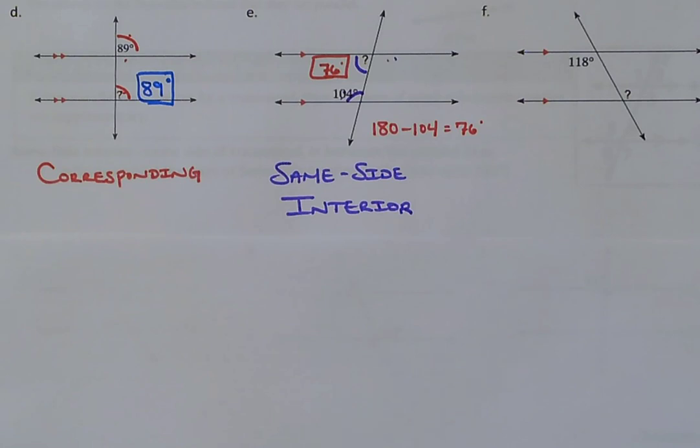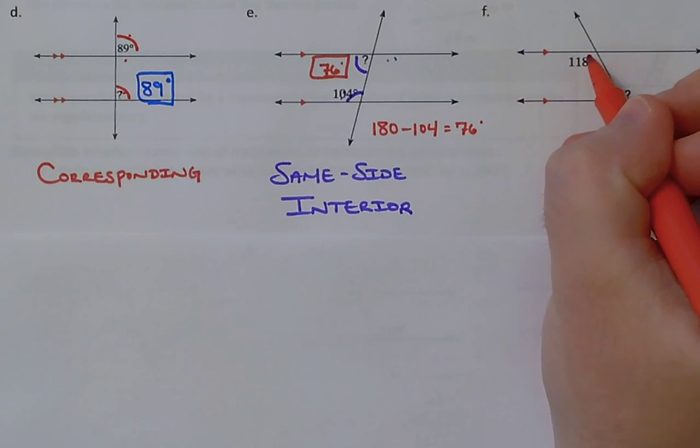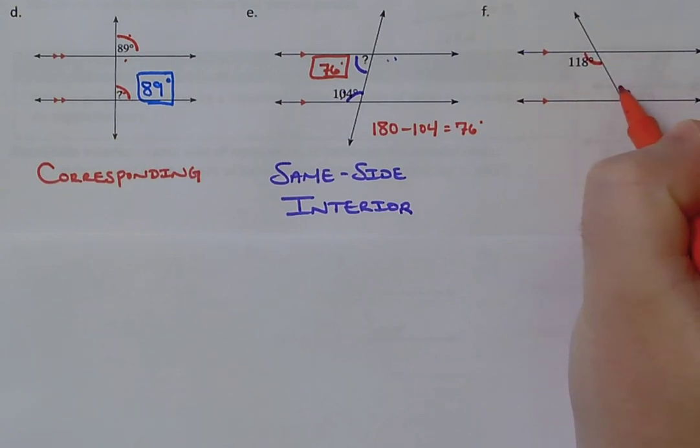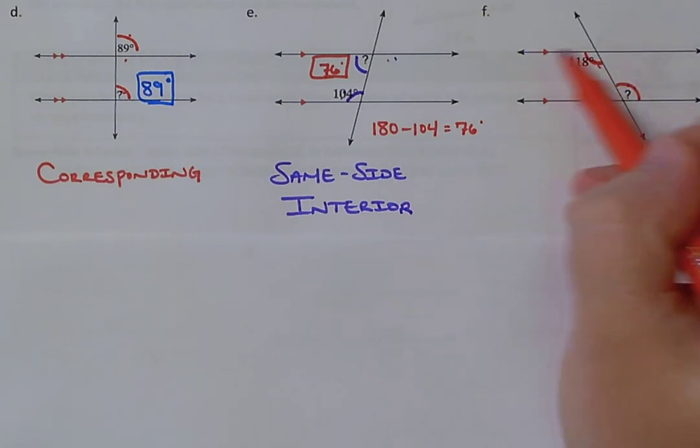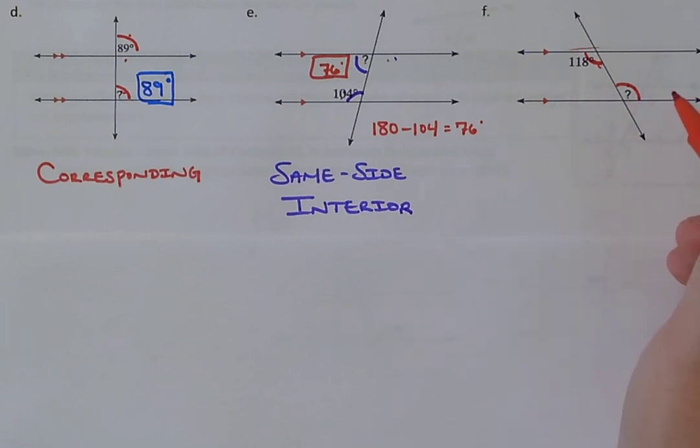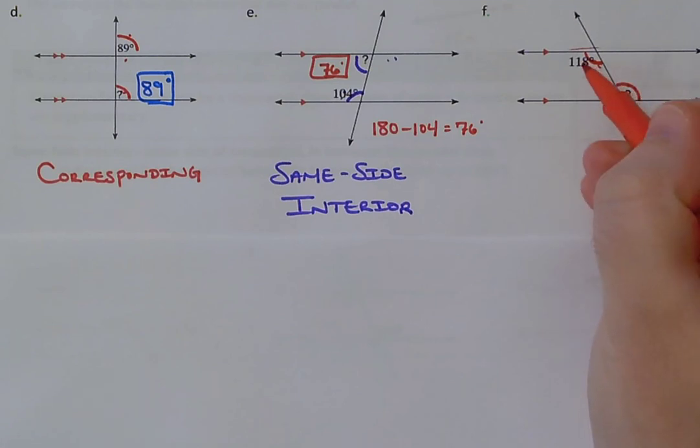All right, for F, we are dealing with the 118 degrees and then this question mark angle here. Both of these angles are in between the parallel lines. So that eliminates it down to same side interior and alternate interior. The next question you have to ask yourself, are they on alternate sides of the transversal, or are they on the same side of the transversal? These two are on alternate sides, opposite sides.